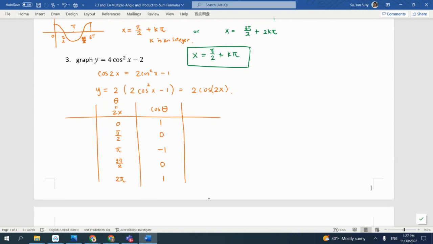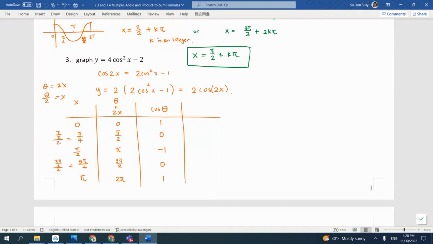Good. Now the x. Theta is 2x. What's x? Theta over 2. That's why 0 over 2 is 0. And then pi over 2 is pi over 4. And this is pi over 2. 3 pi over 2 is 3 pi over 4. And then 2 pi over 2 is pi.